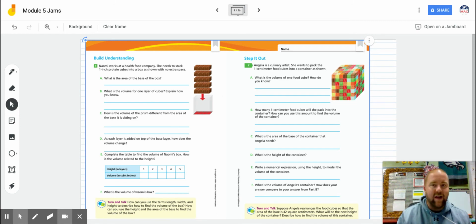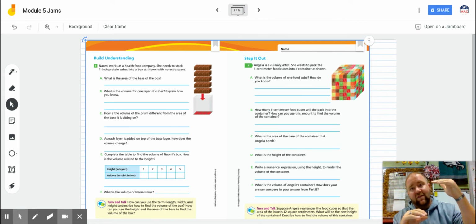So in order to find the volume of this right rectangular prism, you're going to take the 8 cubic units, which is the base, and multiply that by 5 because there are 5 layers there. The height is 5. So when you do 8 times 5, you're going to get a volume of 40 cubic units. And that's how you're going to find the volume of this example here.